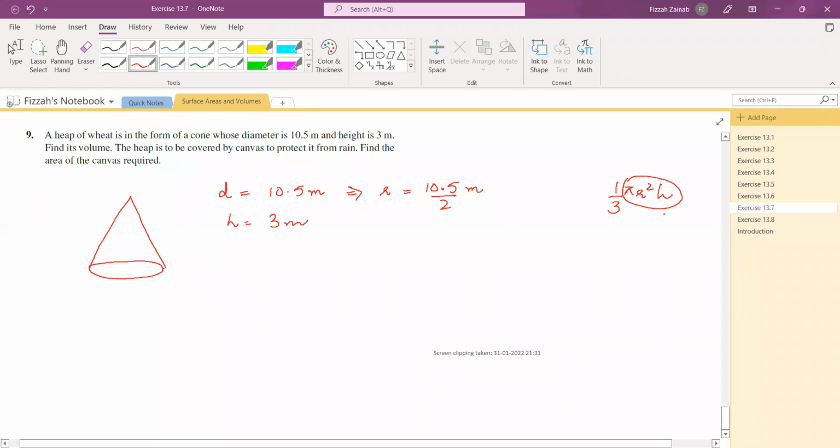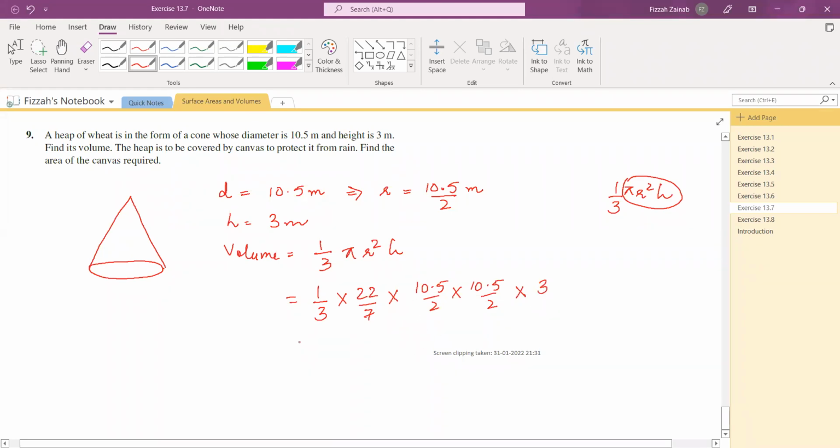Now, as you can see, because L is not required, so we will find the volume first of all. Now, volume is 1/3 pi r square h. So you just put the values: 1/3 into 22/7 into r square, which means 10.5 into 10.5, into h, 3.